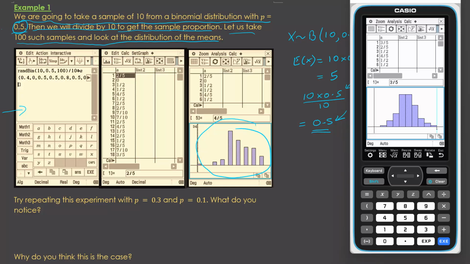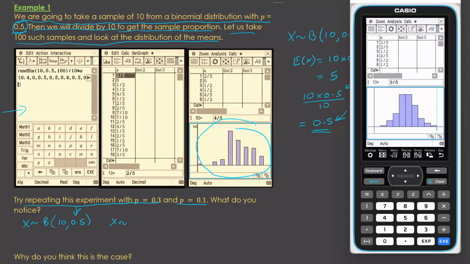Now, one of the things to note here is that by taking a binomial 10, 0.5, by having the probability 0.5, we're already starting with a distribution that is symmetric, like the normal distribution. So that's why we're being asked to repeat the experiment with p is 0.3 and p is 0.1.